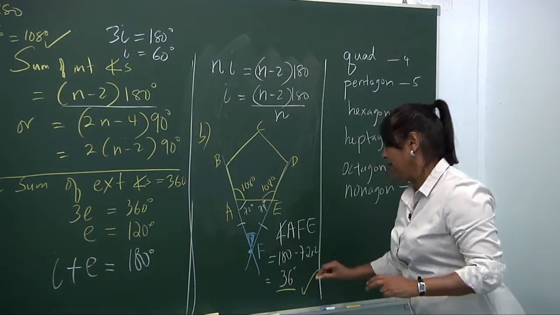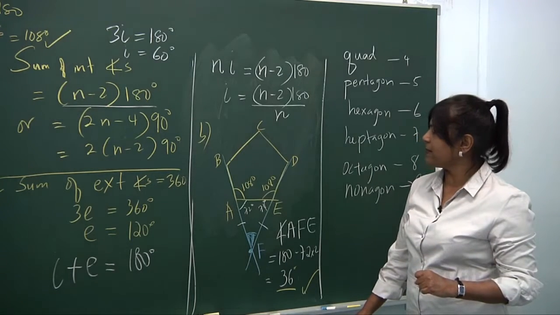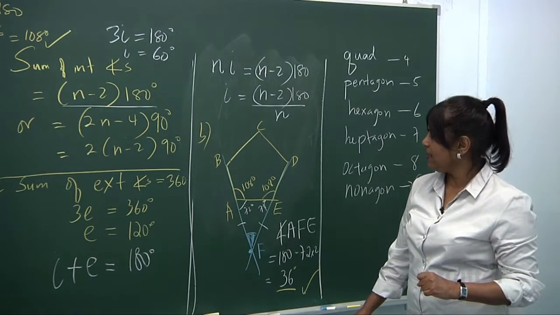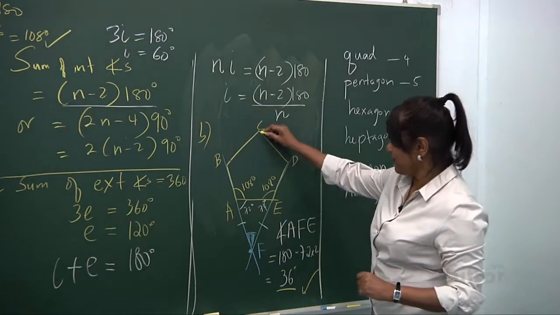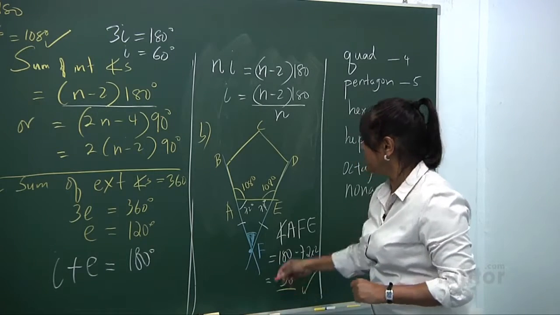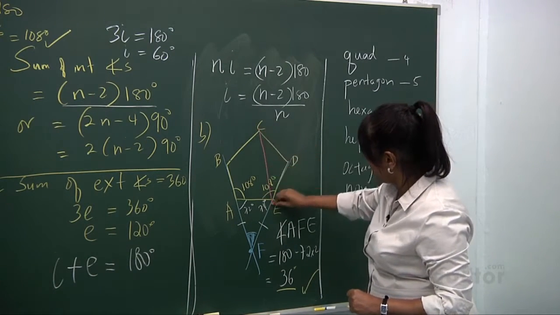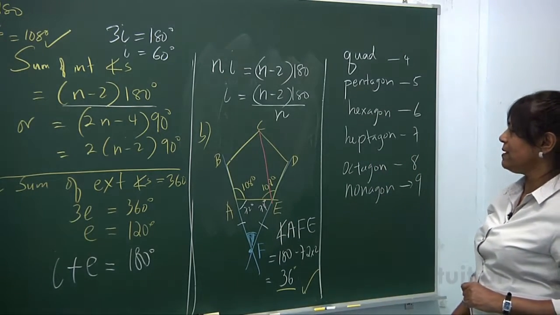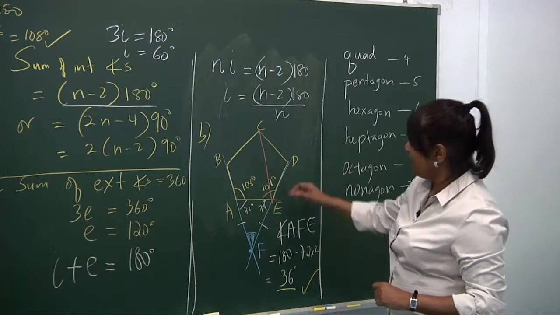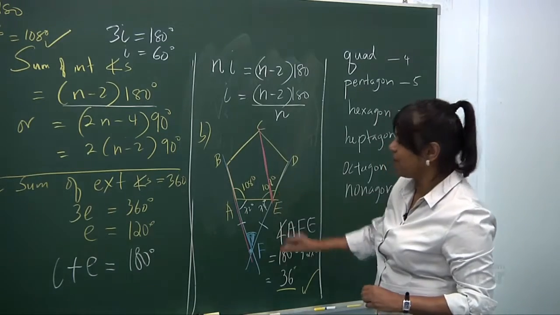There's angle AFE. And they want you to tell us what BCEF is. They want us to describe what sort of quadrilateral it is. I'm going to draw this here. Now, if I join these two lines, look at it very carefully.